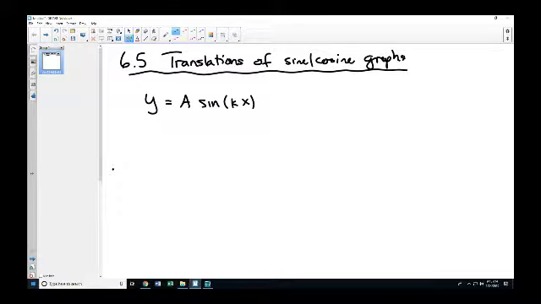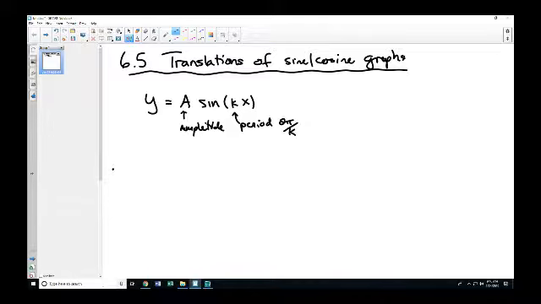Amplitude is A. And then the period is 2 pi over k. Okay, so that's where we're sitting.